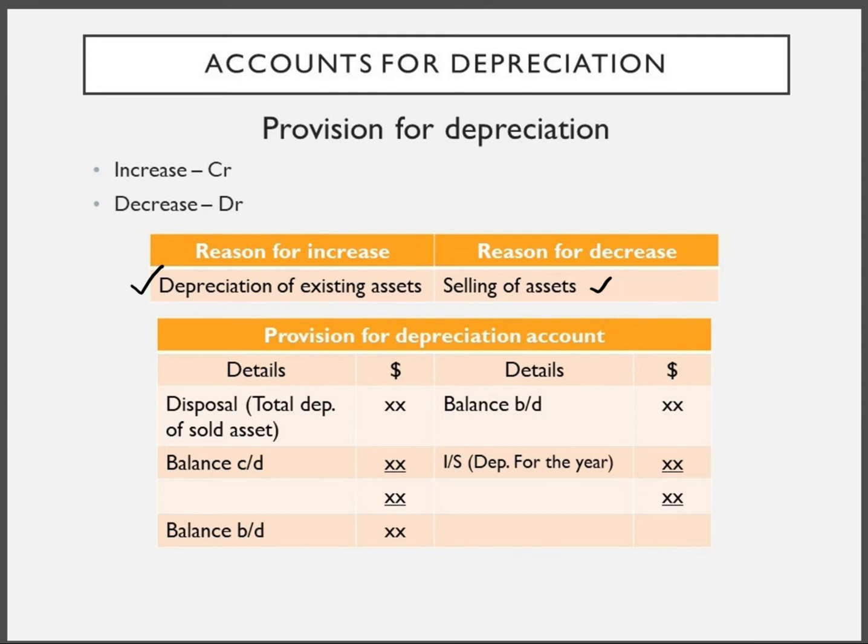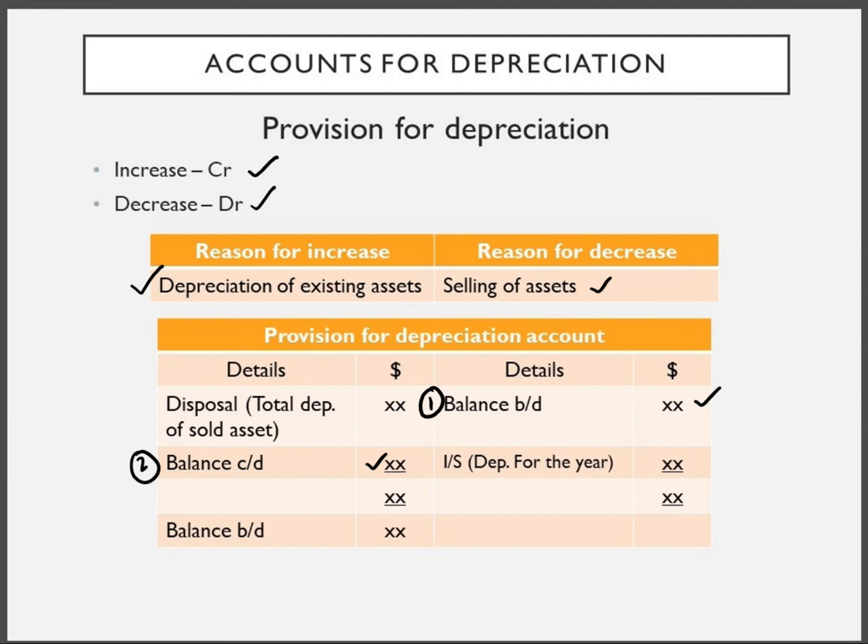Like any provision, an increase in provision will have a credit balance and a decrease in provision will have a debit balance. So the balance b/d and balance c/d on the provision will both be on the credit side. These are the first two things which we must remember while preparing the provision for depreciation account.